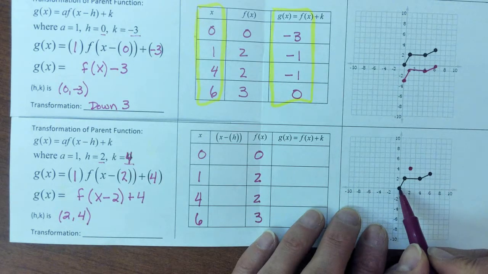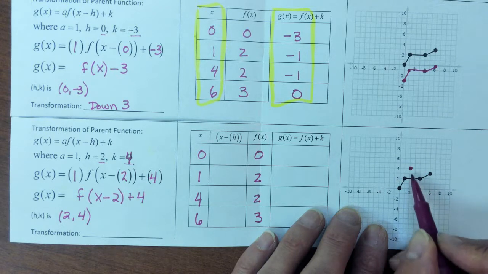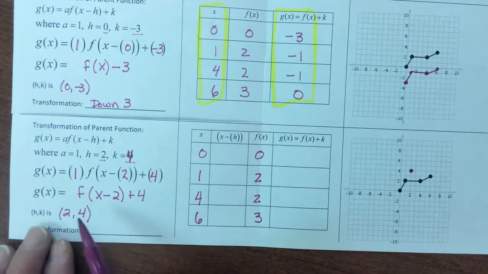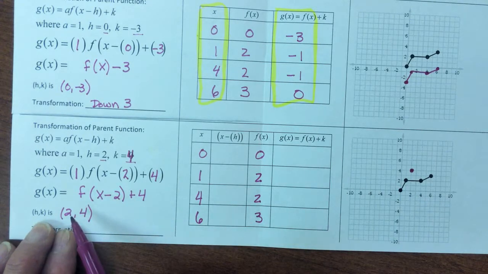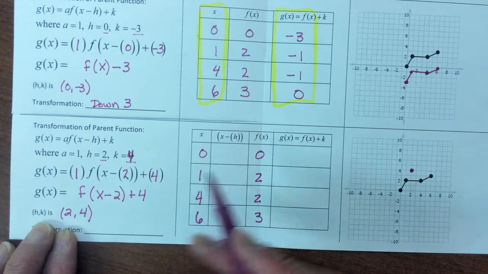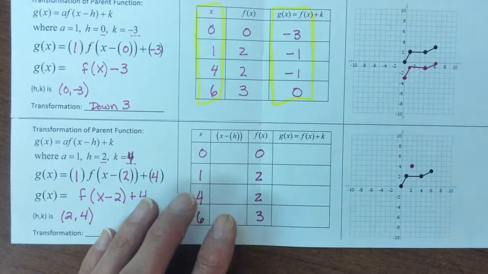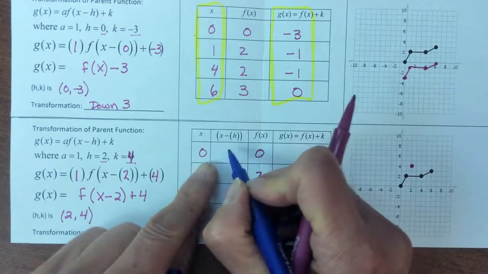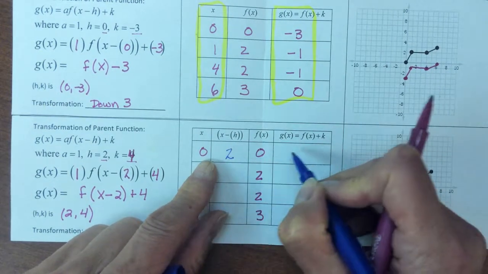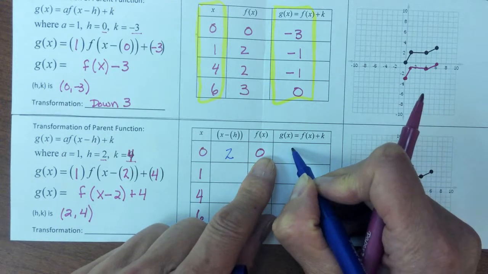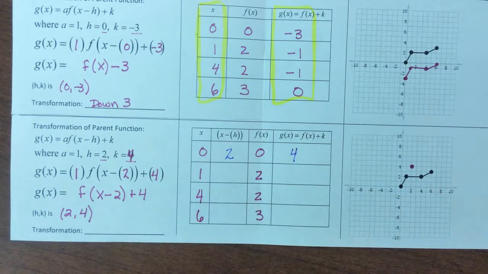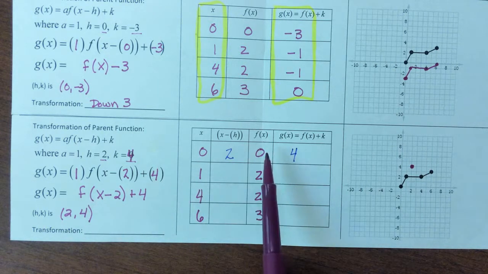So this point was my original, and it translated 2 to the right and up 4. We can see that. It went from 0, 0 to 2, 4. So let's put this in right here. So it went from 0 to 2, and then from 0 to 4. So we're simply going to put that in there like that so you can see how this transformed here.